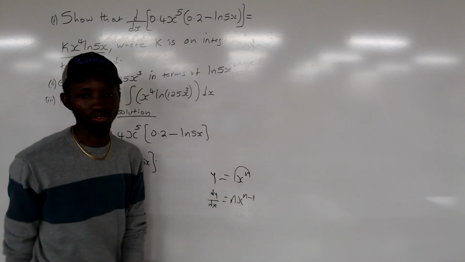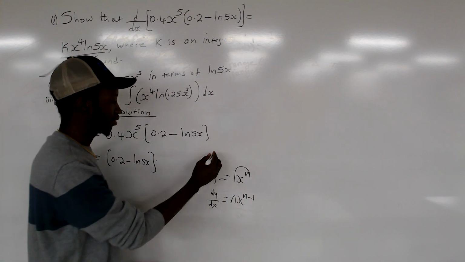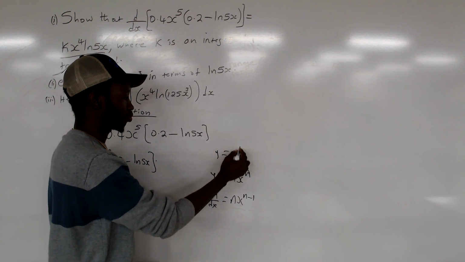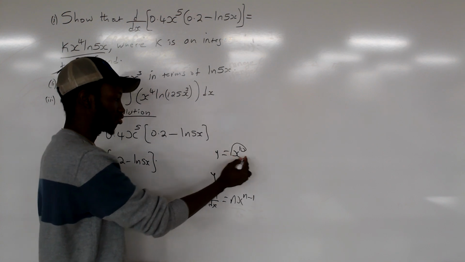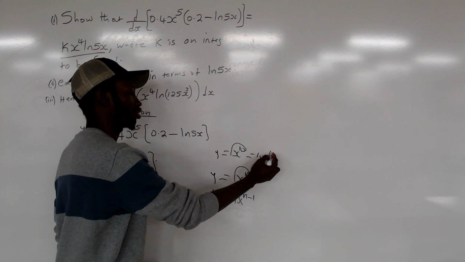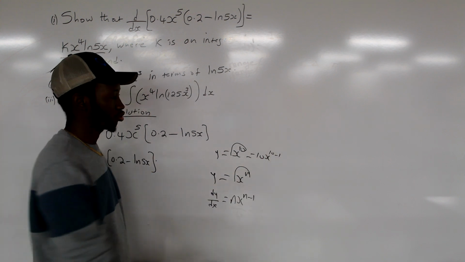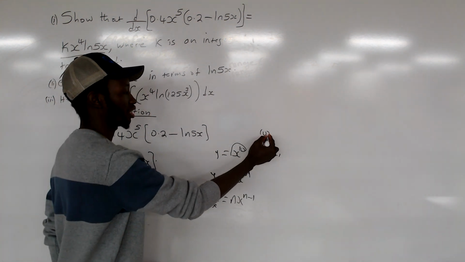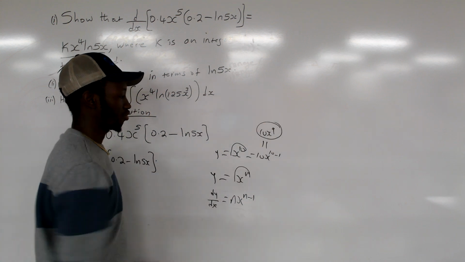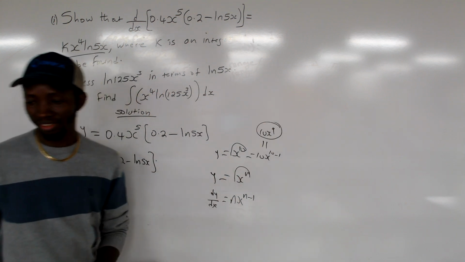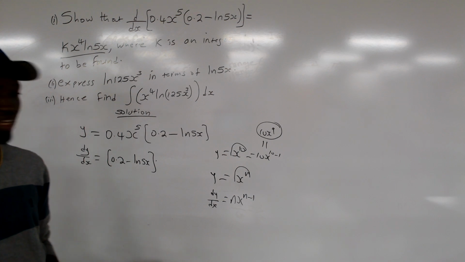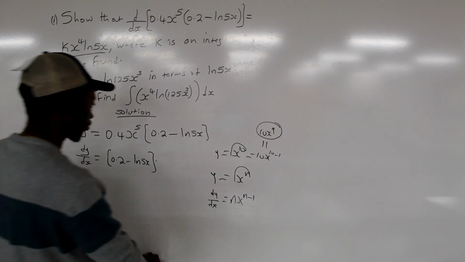This is how you differentiate. Similarly, if you have y = x¹⁰, you multiply by 10 and reduce the power by 1, so the final result is 10x⁹. So the differential of y = x¹⁰ gives us 10x⁹. This is the format.